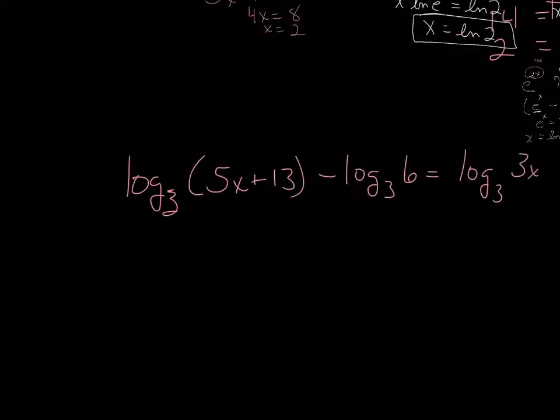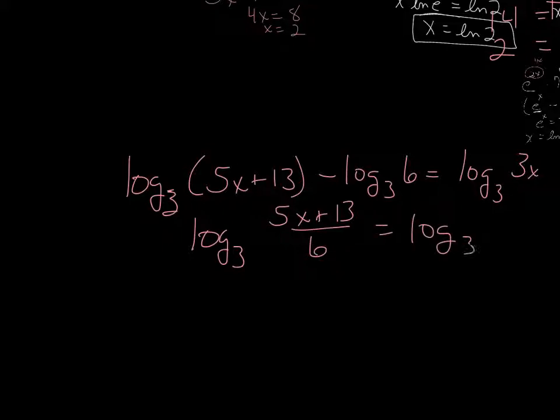No, that's not that bad. Condense it. Our first step, if we're going to go step by step, is this. And then you said we set 5x plus 13 divided by 6 equals 3x. How can I get that 6 out of the denominator?